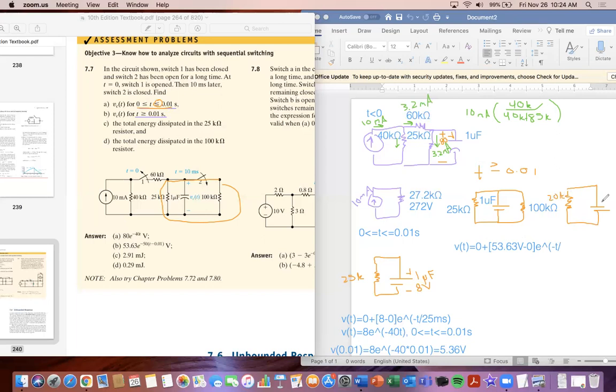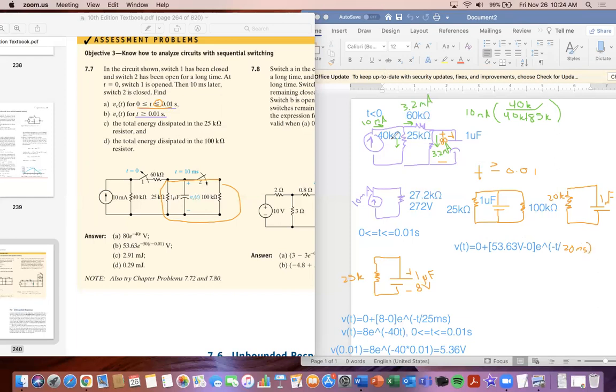One microfarad here. R times C, so 20K times 1 microfarad. That's going to give me definitely in the milliseconds, if we just think about it. So 20 milliseconds here.